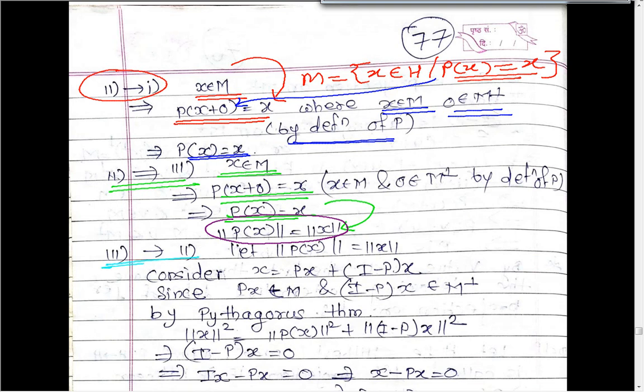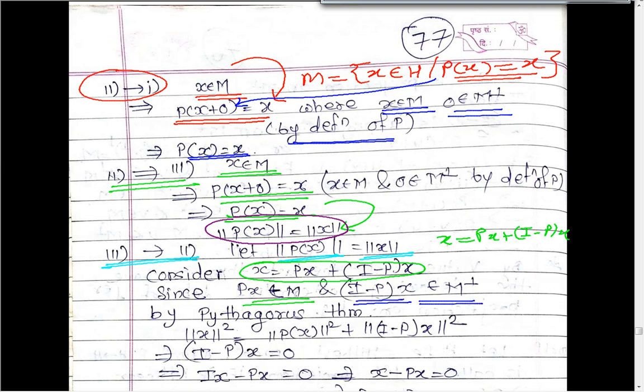Finally, we will prove third implies second. Let norm of Px equal norm of x. We could write x in the form Px plus I minus Px. So by Pythagoras theorem, we can apply Pythagoras theorem because Px belongs to M and I minus Px belongs to M perpendicular.